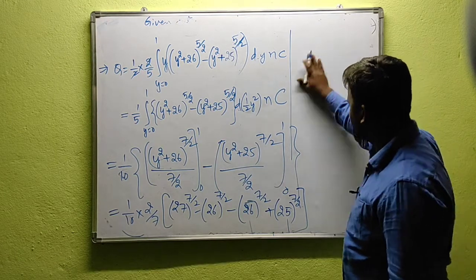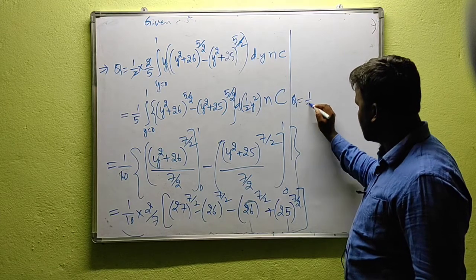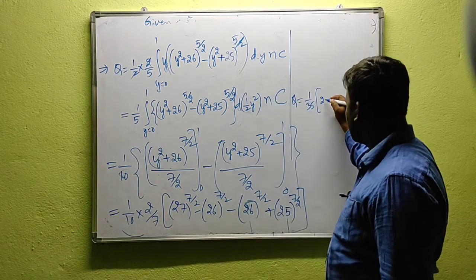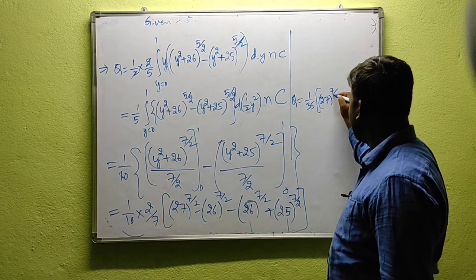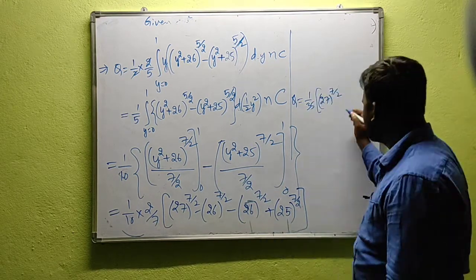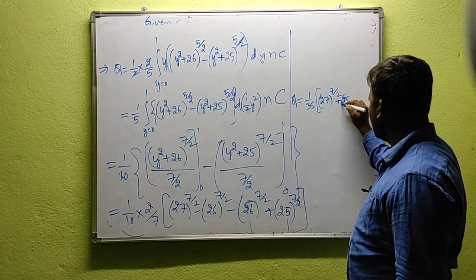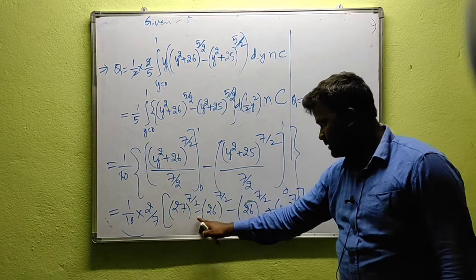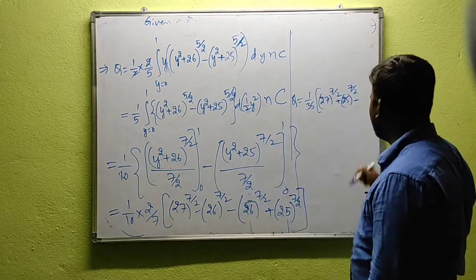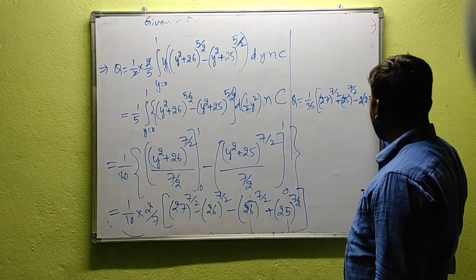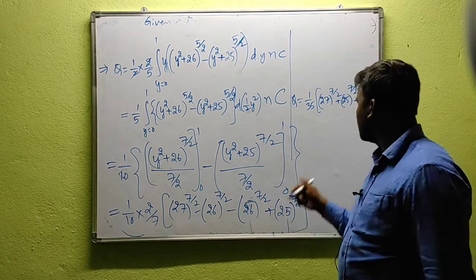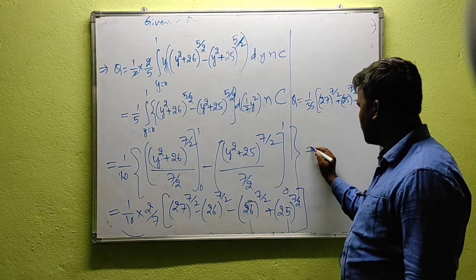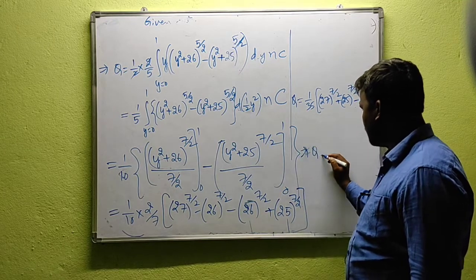I will write this one here, that is q equal to 1 by 35. Let us write positive terms, that is 27 whole power 7 by 2, and the next positive term is plus 25 whole power 7 by 2 minus, here minus 26, that is 2 into, we can take this one like this and simplify this one, you will definitely get q equal to.